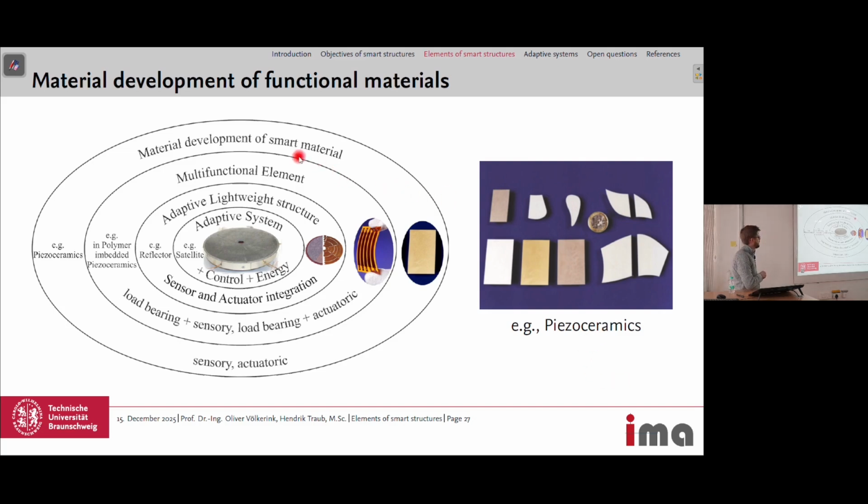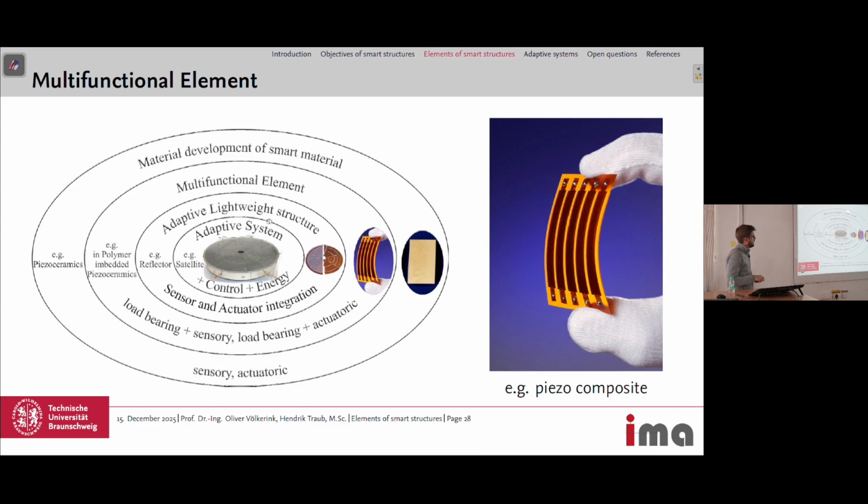From this you can build up multifunctional elements. The piezo ceramics could be embedded in polymers, and then you create this kind of transducers, piezo composite transducers, which have load-bearing capability and also sensory or actuatoric properties.